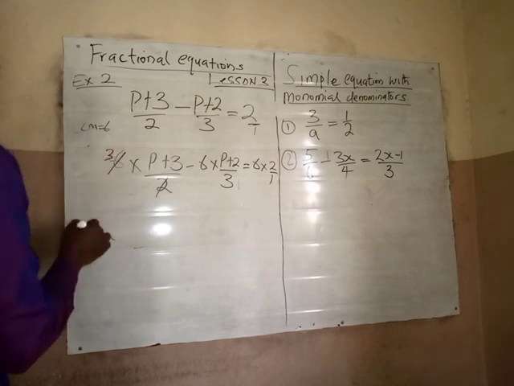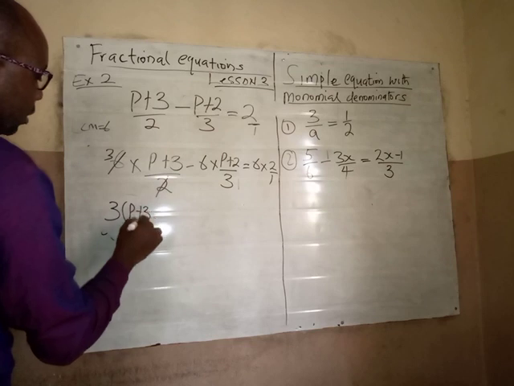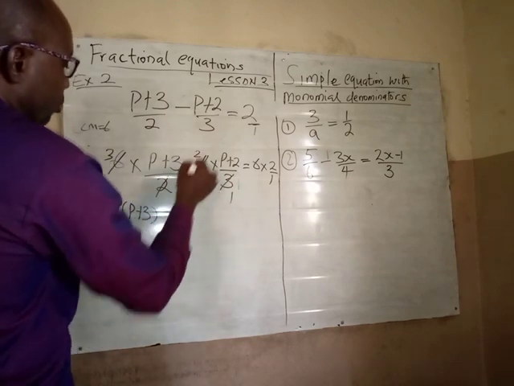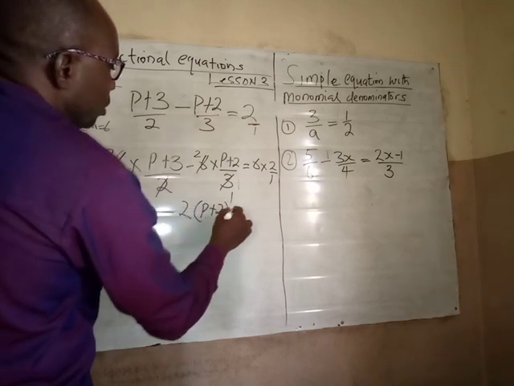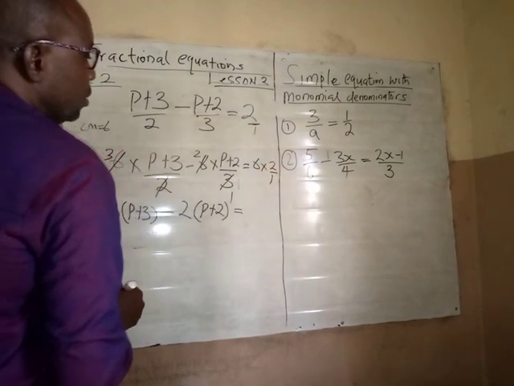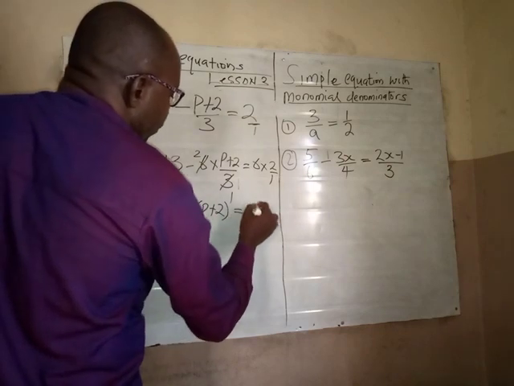You now have 3 into p plus 3, minus 2 into p plus 2, equals 6 times 2, which is 12.